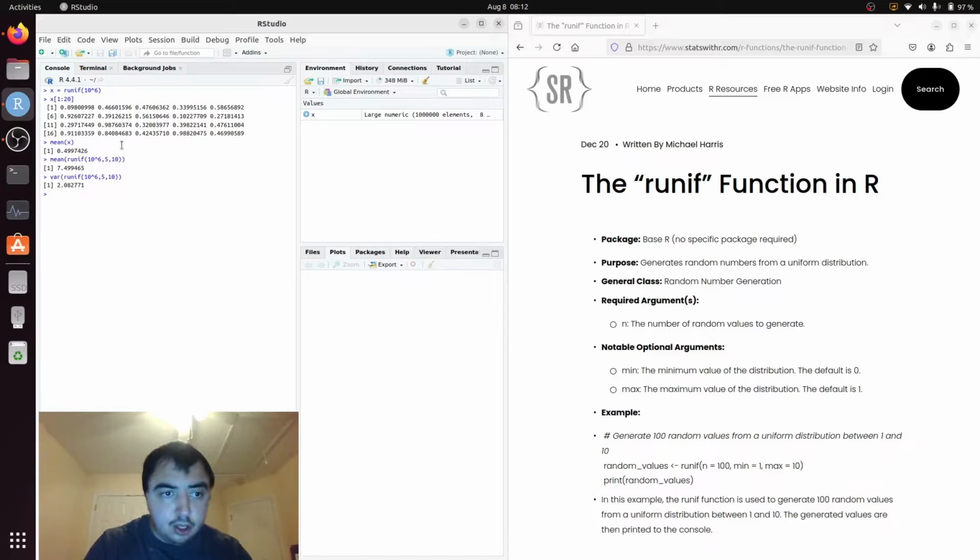Okay, so let's do that calculation real quick to make sure what we got made sense. So we got b, that b is the maximum value, minus a, which is the minimum, squared, and divide that by 12. And we got a matching value.